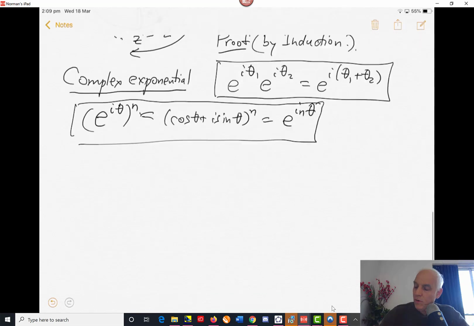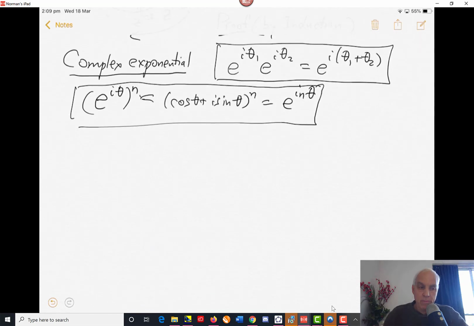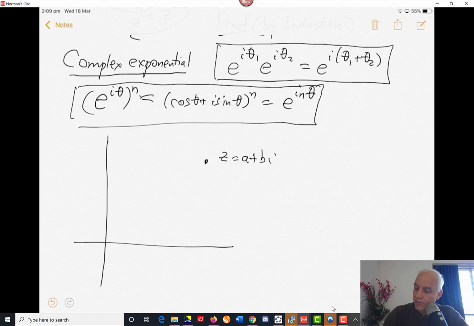Before we go on, I just have to remind you about polar coordinates for more general points. If we go back to our typical point, z equals a plus bi, and here is our unit circle, we can analyze this in terms of modulus r and this angle theta.